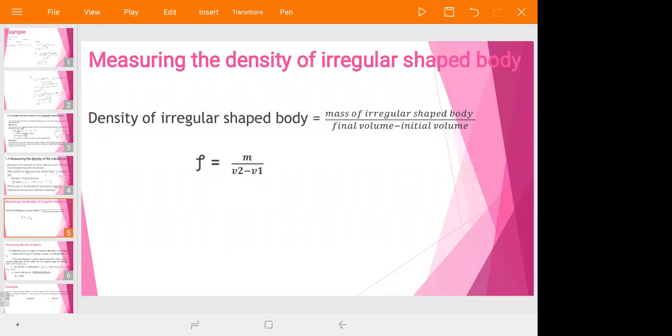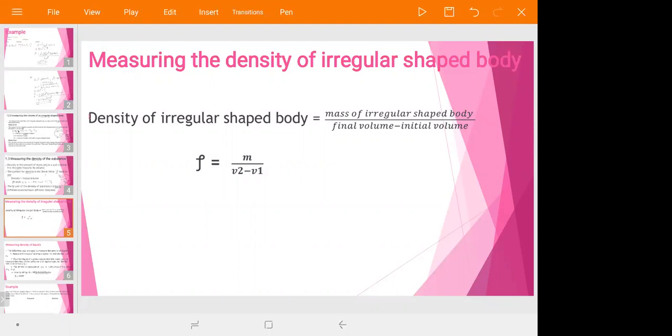So the volume of an irregular shaped body is equal to the final volume minus the initial volume. That means the second volume minus the first one. Volume 2 means final volume, volume 1 means initial volume. By applying this, you can find both the volume and the density of an irregular shaped body.